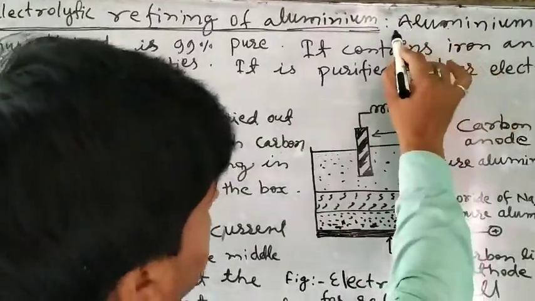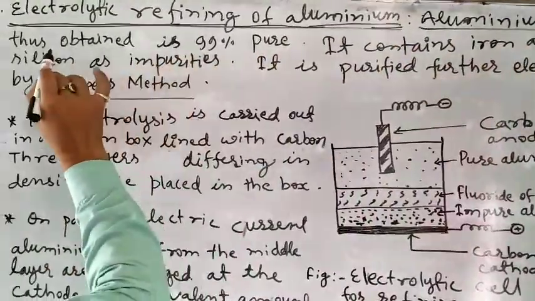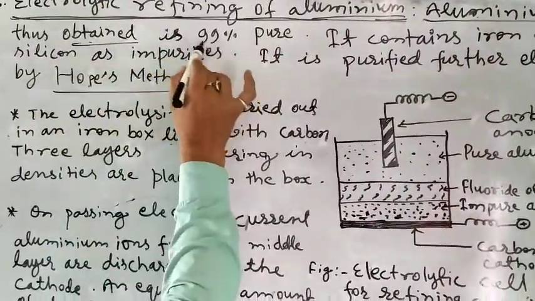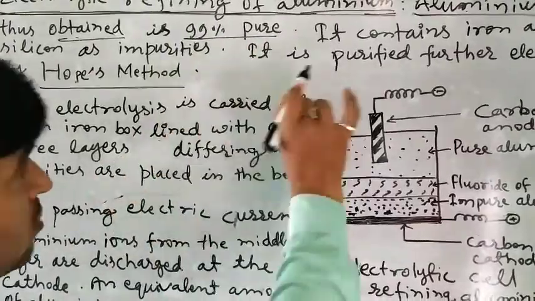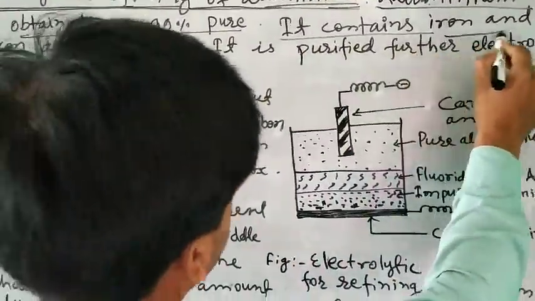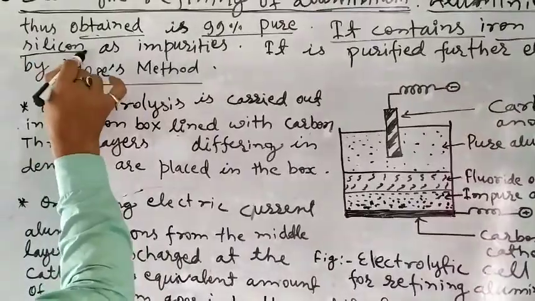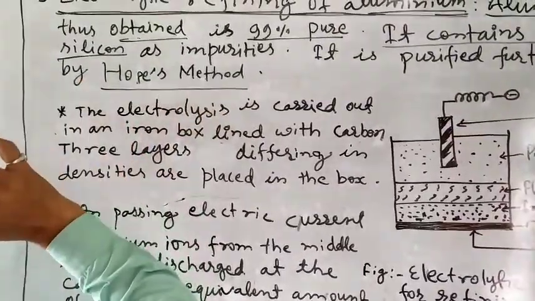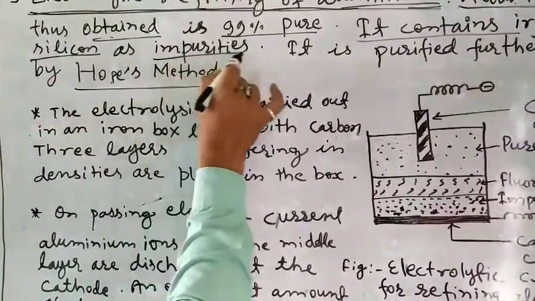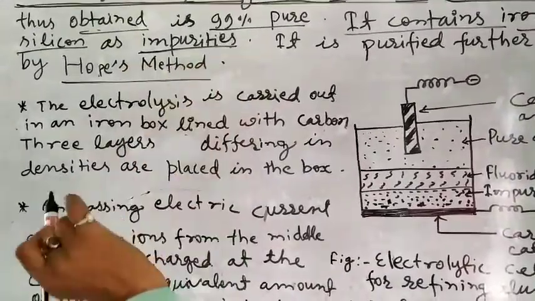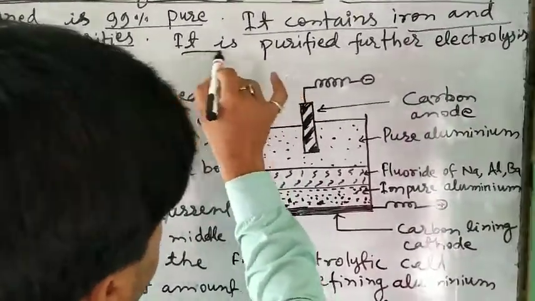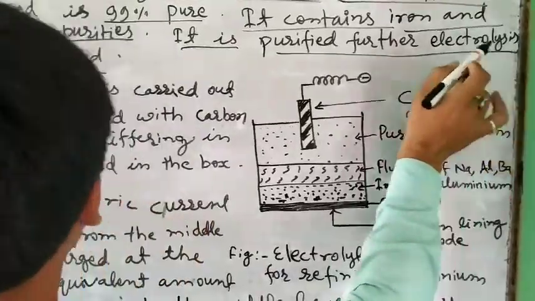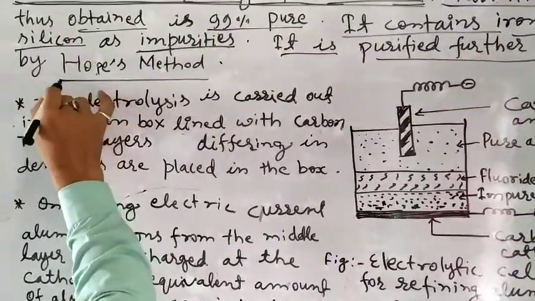The aluminium thus obtained is 99% pure. It contains iron and silicon as impurities, which is only 1%. It is purified by electrolysis using Hoope's method.